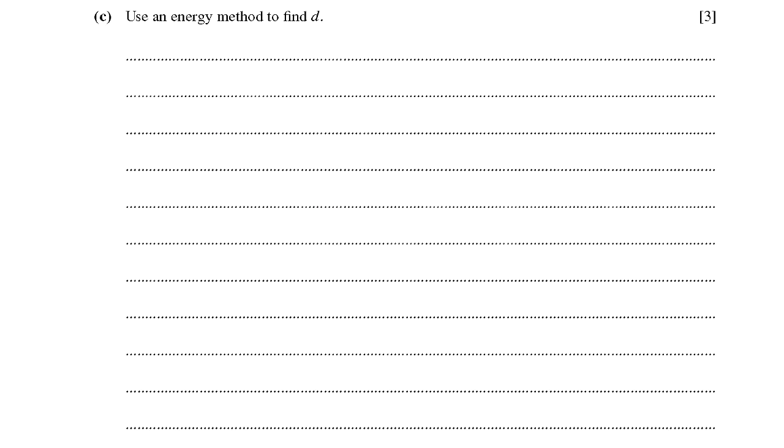Use an energy method to find D. Okay, we know that the potential energy is giving energy to the situation because it's going from a higher place to a lower place. So potential energy is saying, hey, here, have some energy.